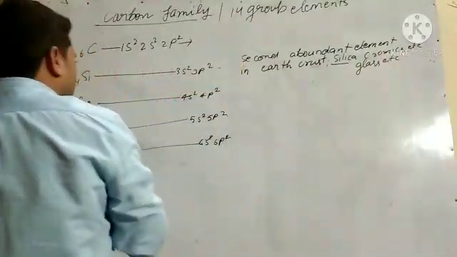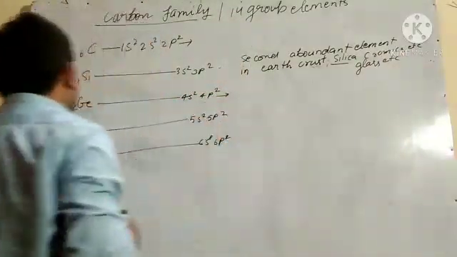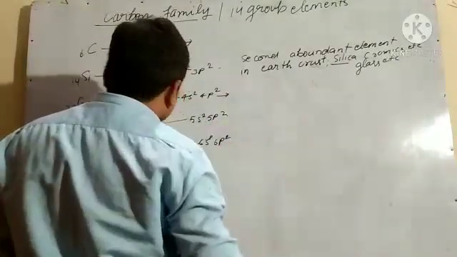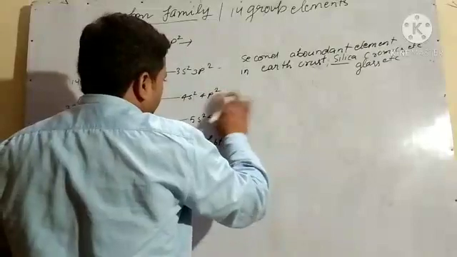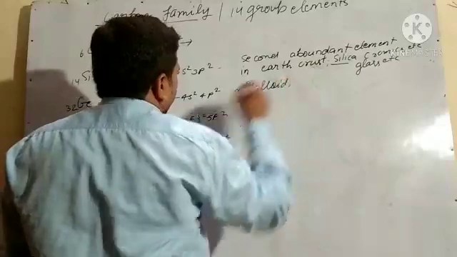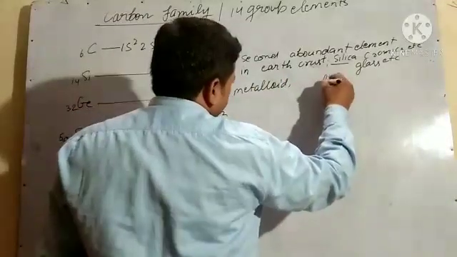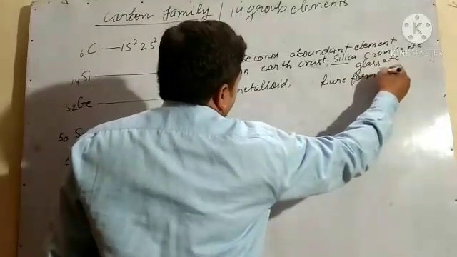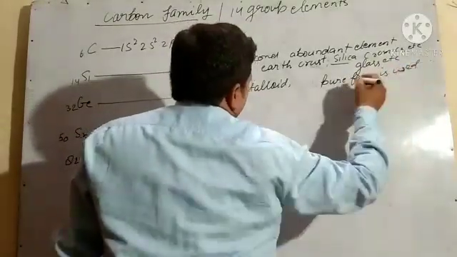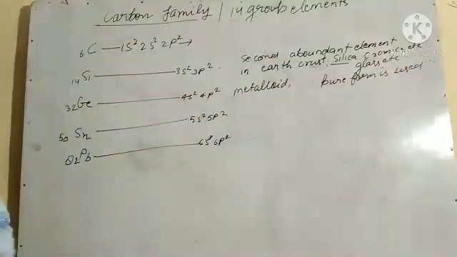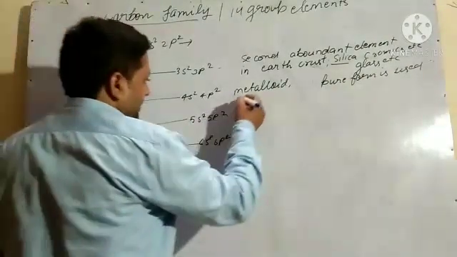Okay, and this is germanium. Germanium is a rare element. It is a metalloid. Its pure form is used, and it exists in traces.